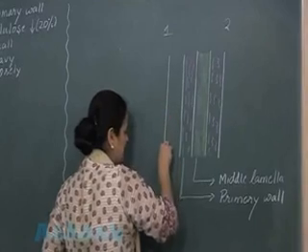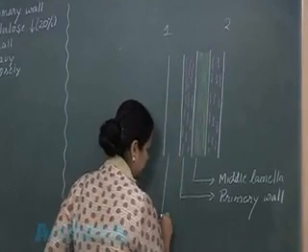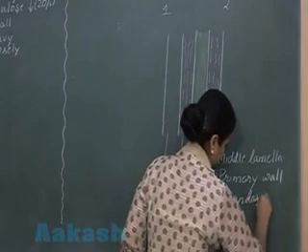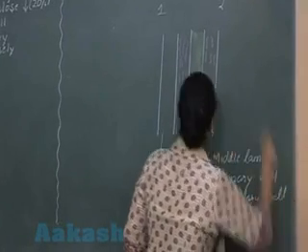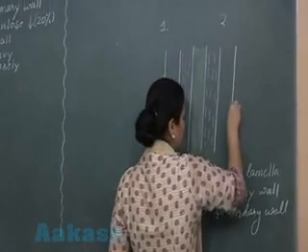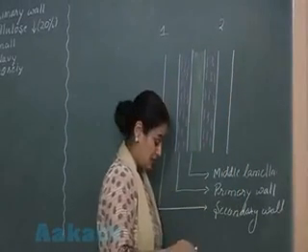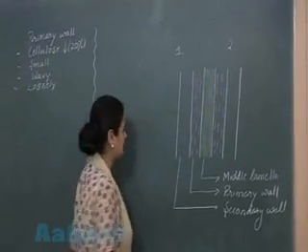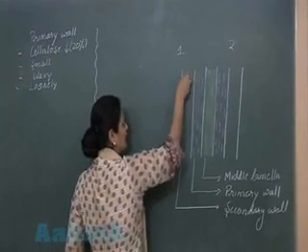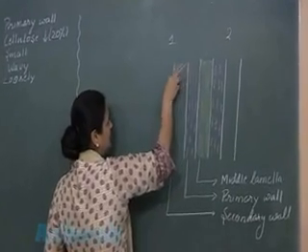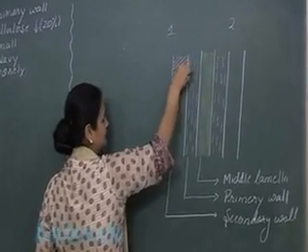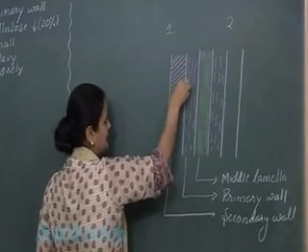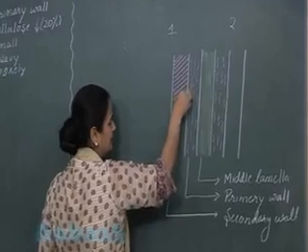So I am forming the secondary wall of this cell, and this is the secondary wall for the adjacent cell. The cellulose content inside the secondary wall is higher. And now the cellulose microfibrils which are present are longer, and you can see here they are straight and compactly arranged.